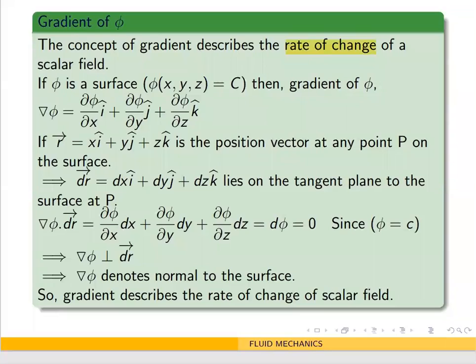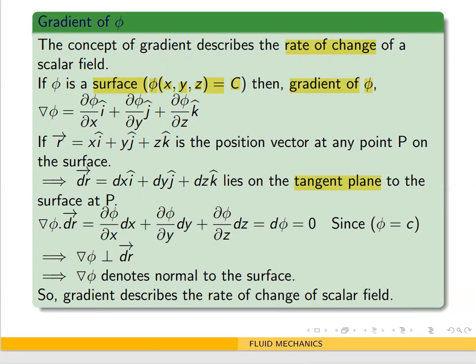If phi represents a surface phi(x,y,z) equal to c, then gradient of phi is del phi, that is equal to dou phi by dou x i plus dou phi by dou y j plus dou phi by dou z k. If r is the position vector at any point P on the surface, what is dr? Dr is just a differentiation, right? And this dr lies on the tangent plane to the surface at the point P.